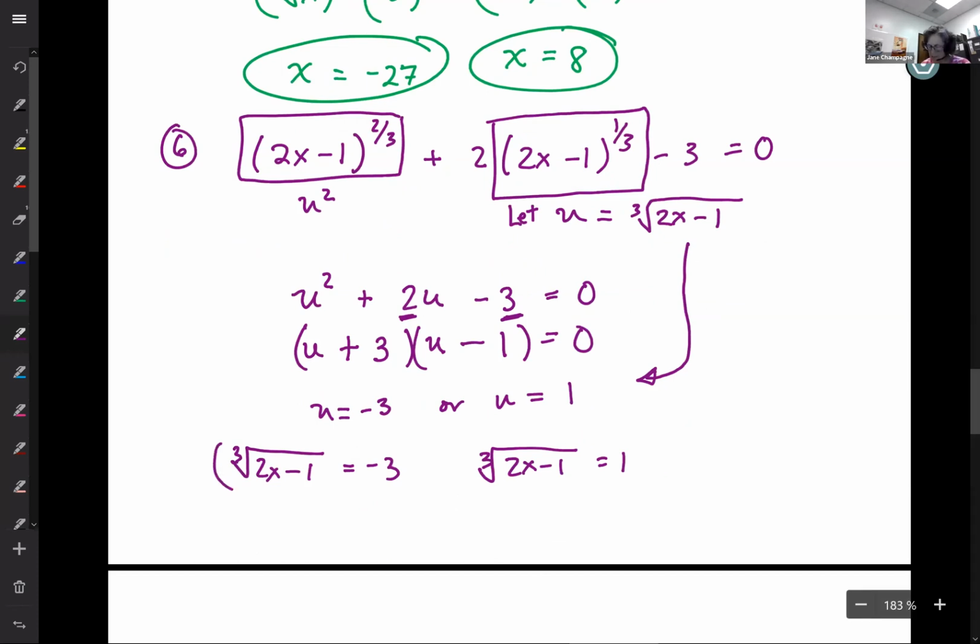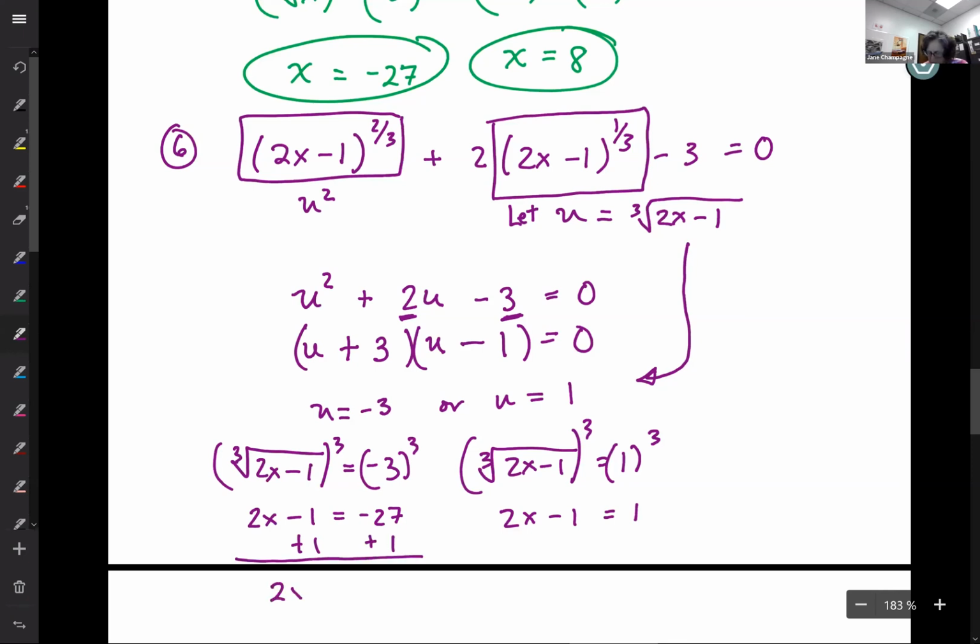Undoing the cube root, again, involves cubing. So 2x minus 1 equals negative 27, or 2x minus 1 equals 1. Add 1 to both sides. 2x equals negative 28.